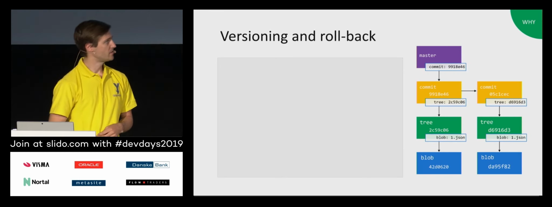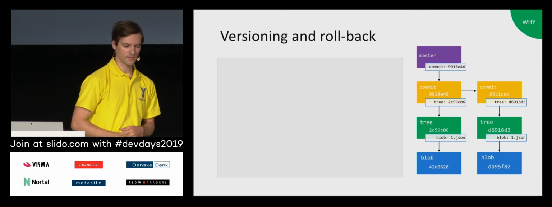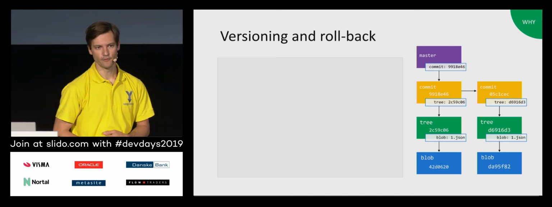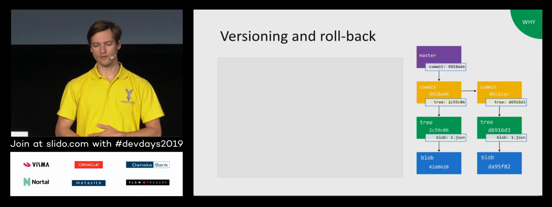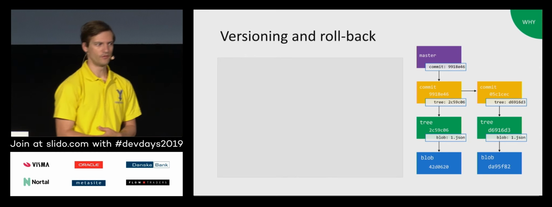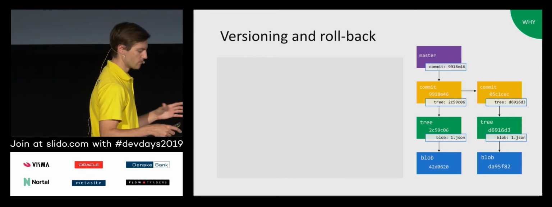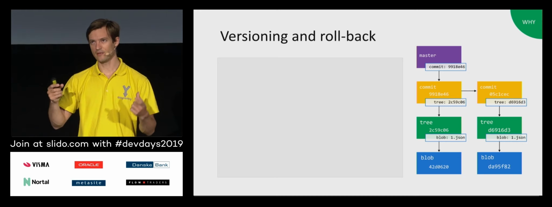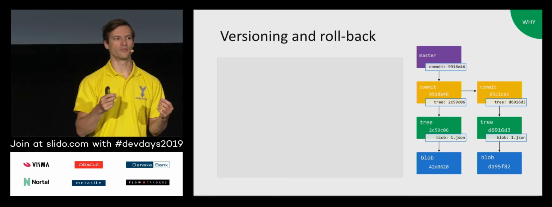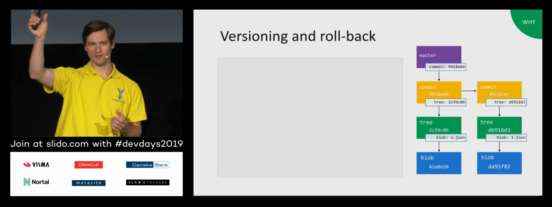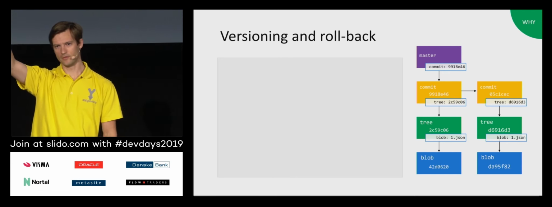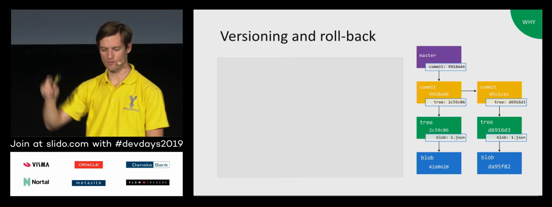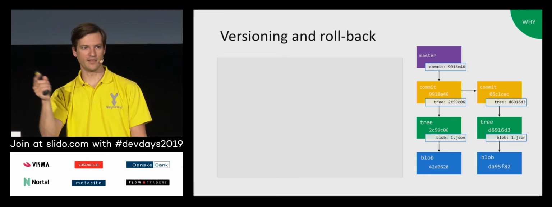The next one is Git specific though: versioning and rollback. If you've used SQL or Oracle or another database, I'm sure you'll have come across the typical updated column, the deleted column, which is 0 or 1, and then the update date.